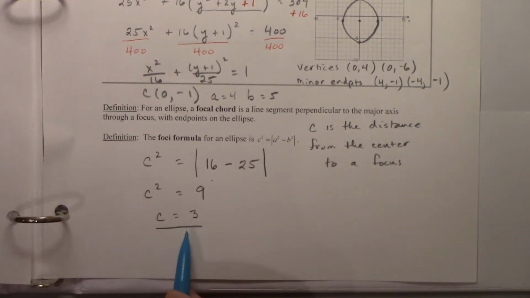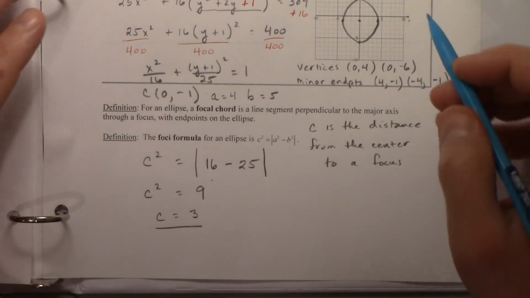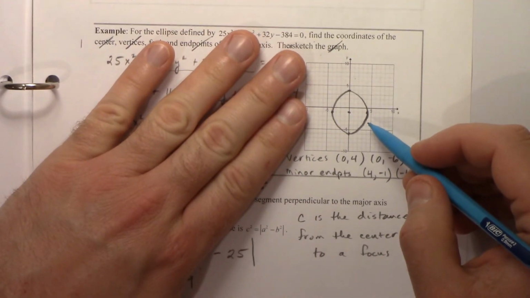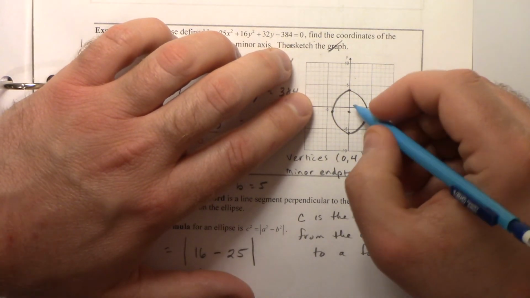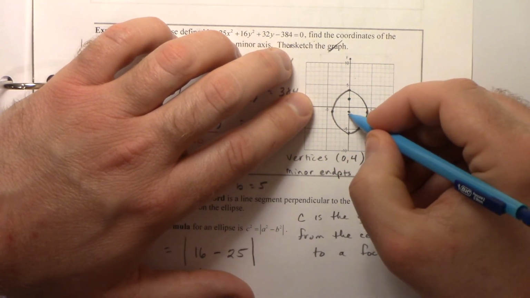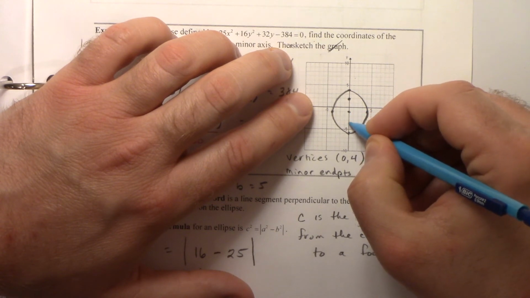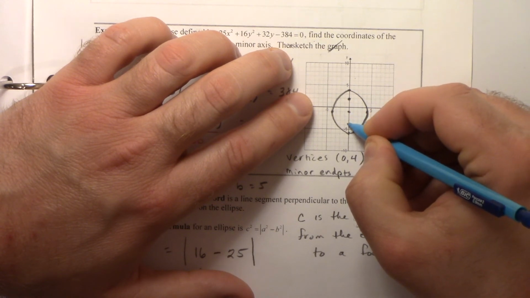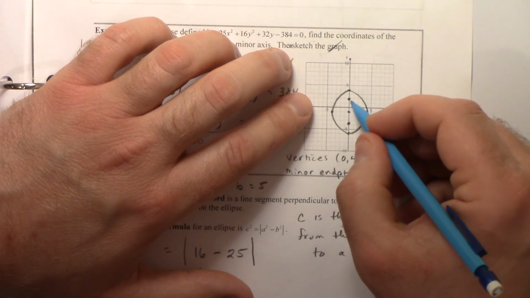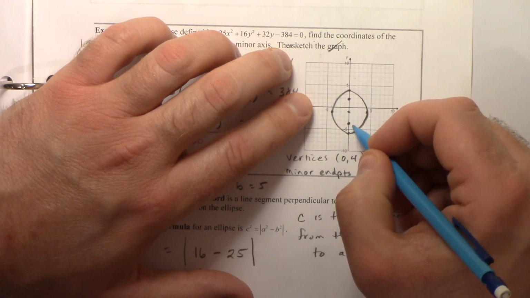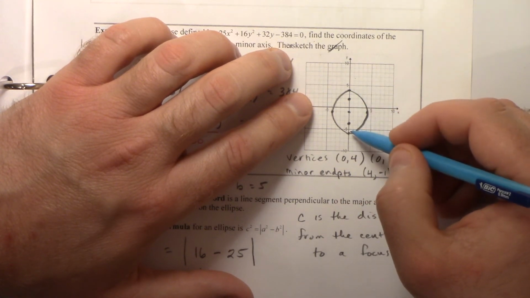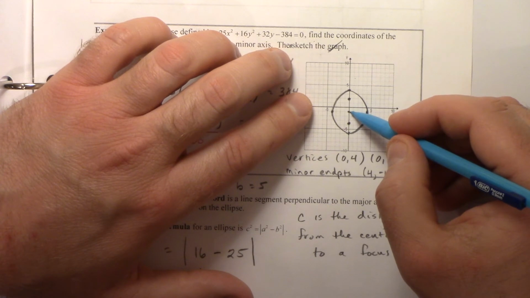To find the coordinates of our foci, I'm going to go back to my graph, and from that center point, I'm just going to count 3 units up, and then we're going to move 3 units down. It doesn't matter which is which, F1 and F2 or vice versa, but notice they're always on the major axis and they are c units from the center point.